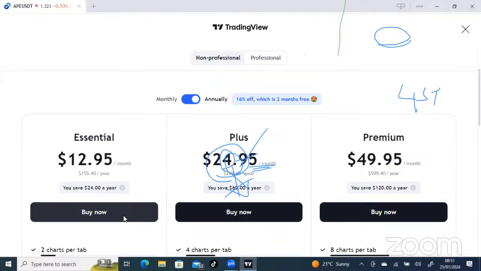I invest $430 in Crypto Ambassadors every month. So I don't want to keep on adding expenses.